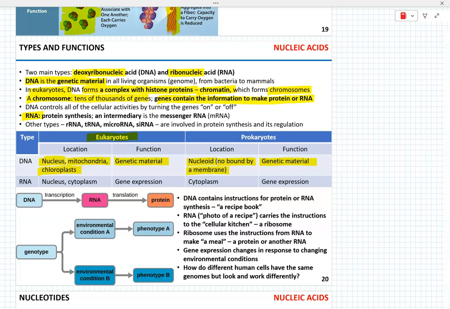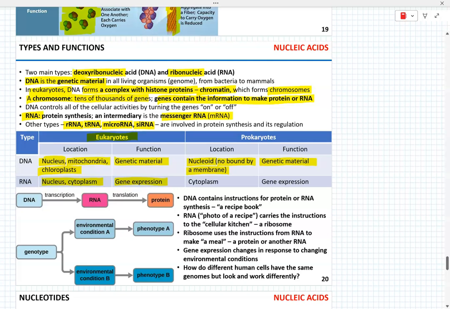The most important intermediary here is the so-called messenger RNA. Other types of RNA, such as ribosomal, transfer, microRNA, or small interfering RNA, are also involved in protein synthesis and its regulation. In eukaryotic cells, RNA can be found in the nucleus and in the cytoplasm, and as we mentioned, it is a critical molecule for gene expression.